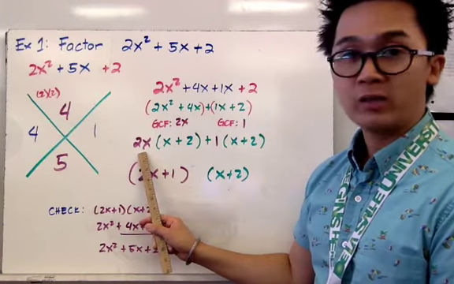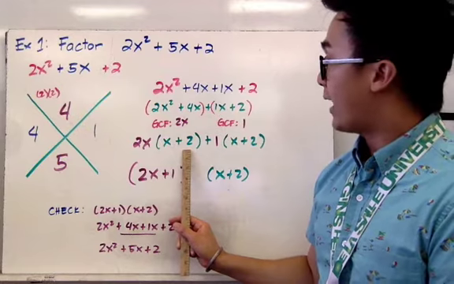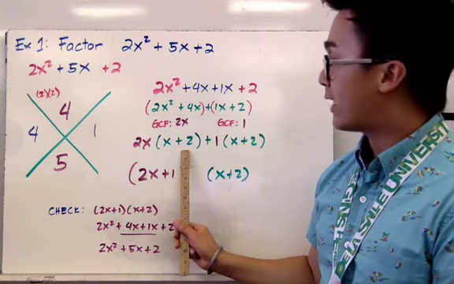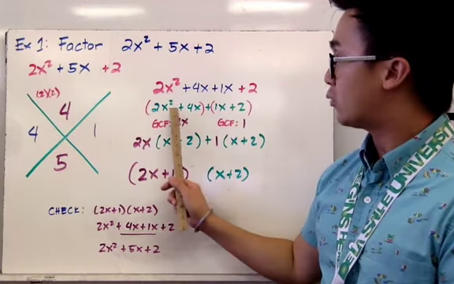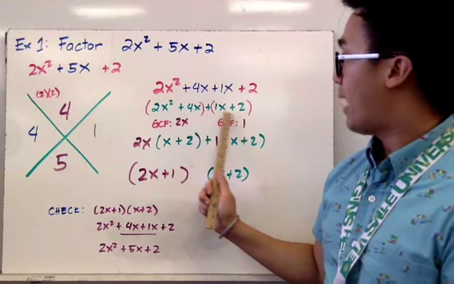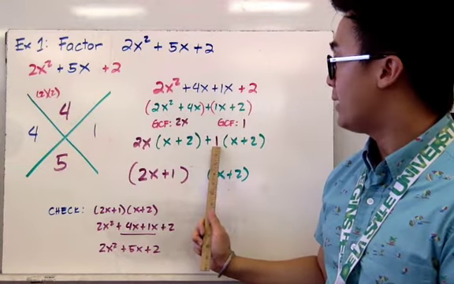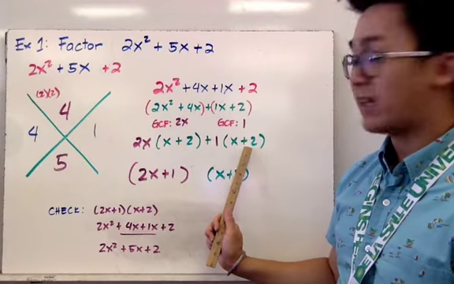So 2x is now outside, and what's left inside is x plus 2. Once again, we know that we factored it correctly because if we distribute it to our parentheses, it will give us 2x squared plus 4x. And for the second group, our GCF is 1, and we know that it's just going to be the same if we pull out a 1 from x and 2.